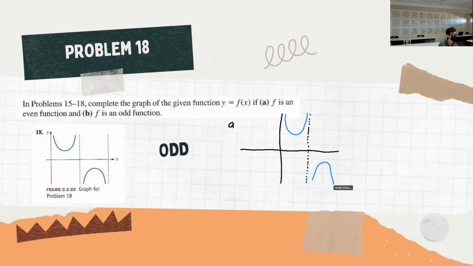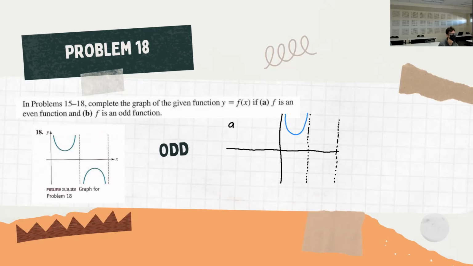Okay? Something like that. Pretty ugly. Let me just draw the other asymptote here. And the asymptotes, these lines here, are also referenced. So we've got one there and we've got one here.